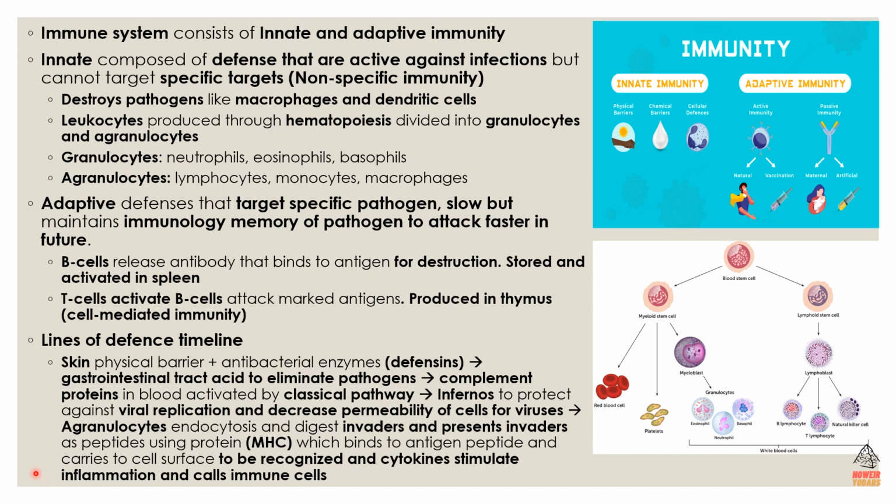So we got skin, and then acid, and then complement protein, and then interferons, and then you got the agranulocytes doing endocytosis, and they use MHC protein to bind to the antigen and carry it to the cell surface.